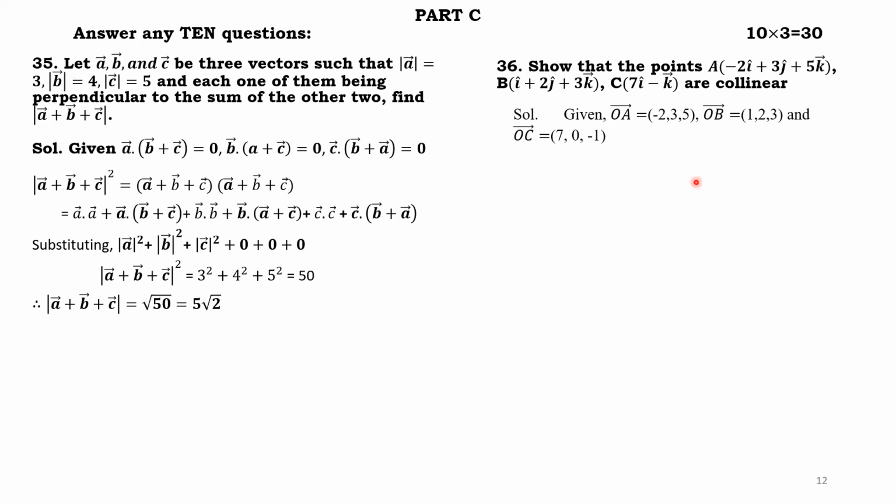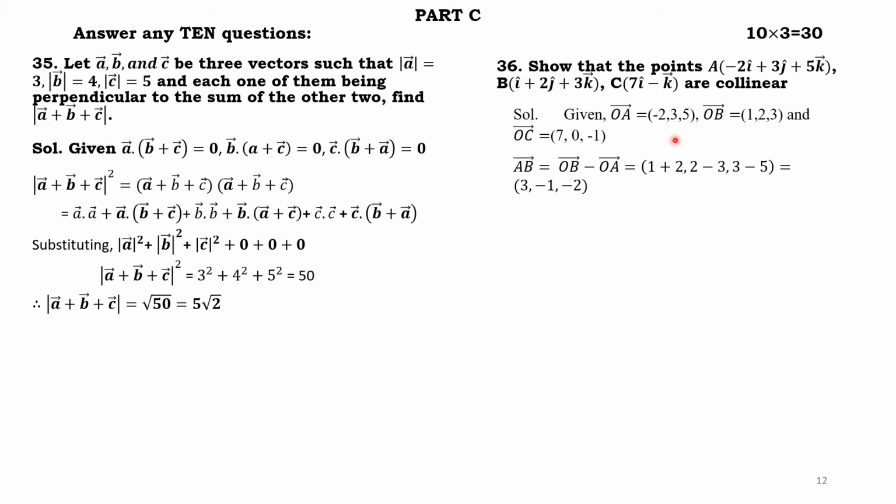You can follow it. Given, OA is equal to minus 2, comma 3, comma 5. OB, that is the position vector, is 1, comma 2, comma 3. And position vector OC is 7, comma 0, comma minus 1. These are written as vectors here.